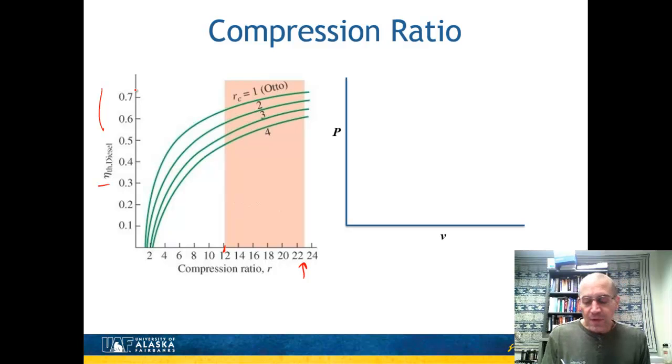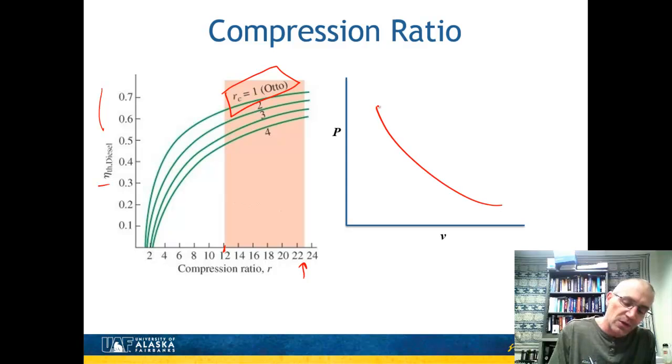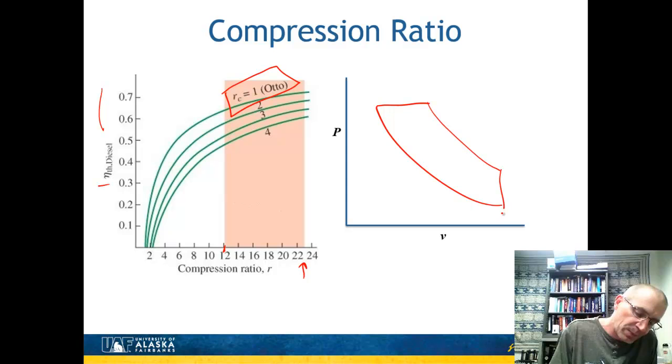A couple other things I just want to mention. Here's that R sub C value, the cutoff ratio. And this actually decreases a little bit as you increase the compression ratio. And R sub C equal to 1 is actually the same as the Otto cycle. If you draw out the cycle, you see how that happens, because this is point 1, 2, 3, and 4.